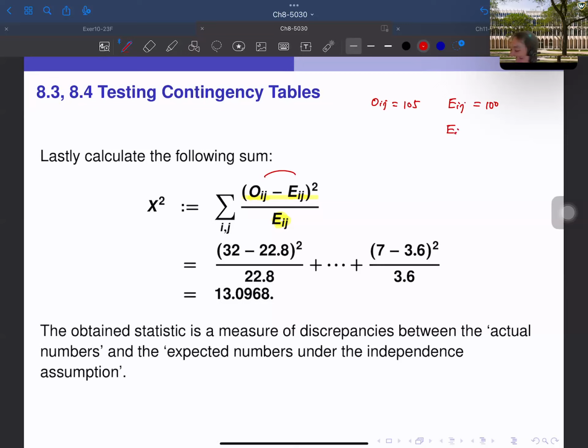But if E_ij is equal to 10, then with some randomness, maybe it can be 8 or 12 or something like that. And in terms of difference in absolute value, of course, if the expected number is larger, the deviation is likely to be larger. But if we adjust for the size of the expected numbers, usually this size is larger than this. This is a common case because a larger sample gives somewhat more stable results.